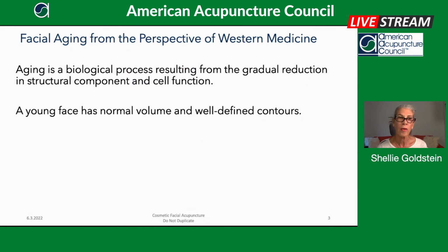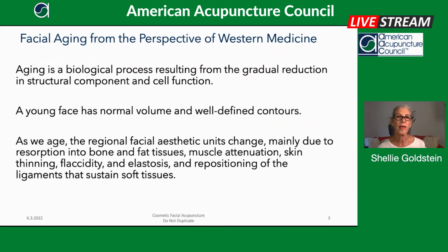When we think about a young face, it has a normal volume, nice and full with very well-defined contours along the jawline and the cheekbones. And then as we age, these regional facial aesthetic units begin to change.